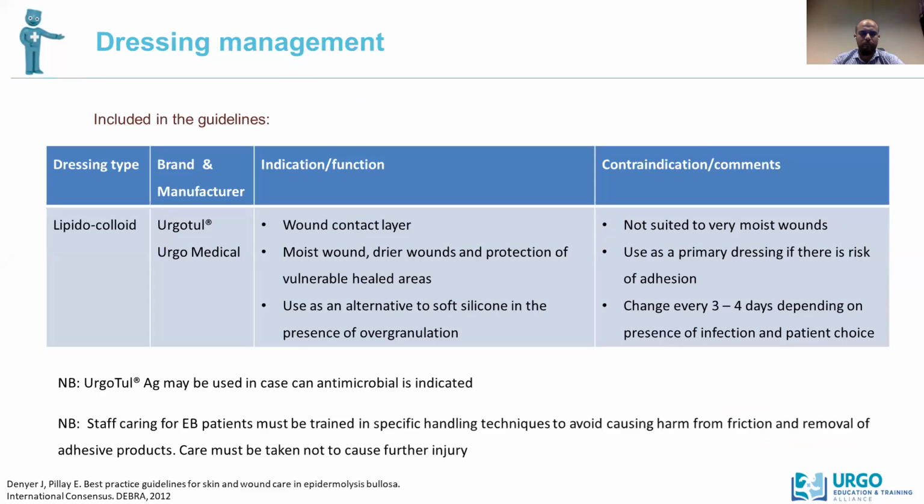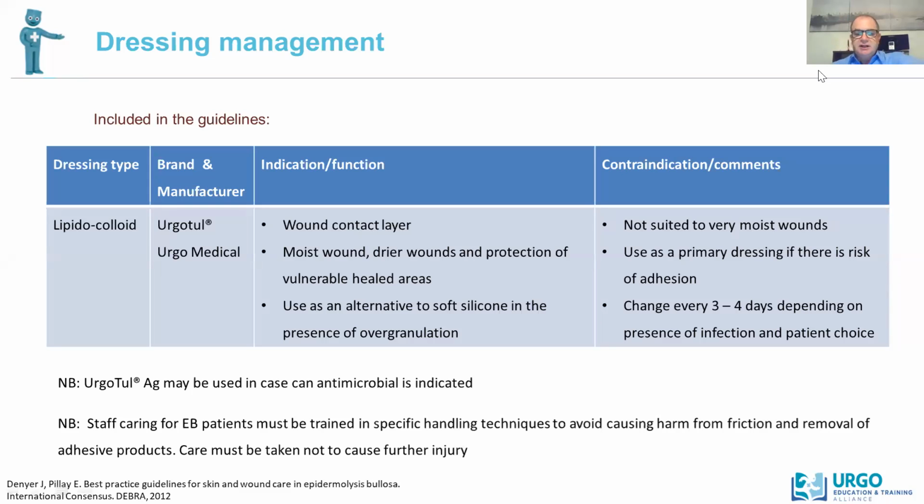Other questions I saw in the question bank is, what type of dressings should we use? According to the guidelines that I hinted at before, one of the technologies that they suggest is the lipidocolloid technology, more known as Urgotul by Urgo Medical. It's a wound contact layer, which provides a moist wound healing environment. It can be used as an alternative to soft silicone, especially if there is presence of overgranulation.